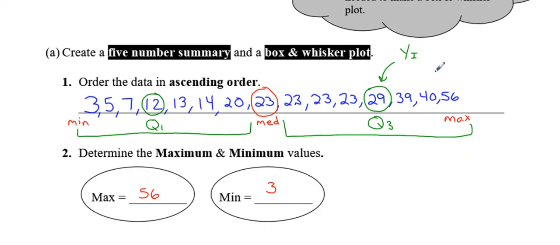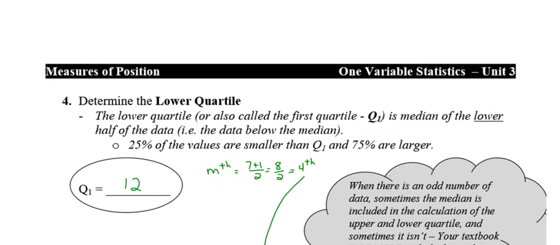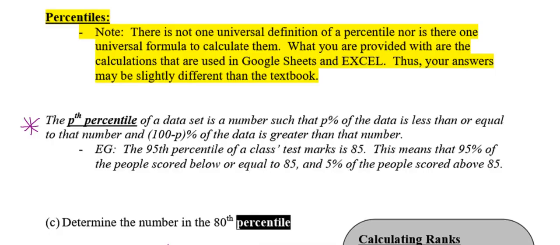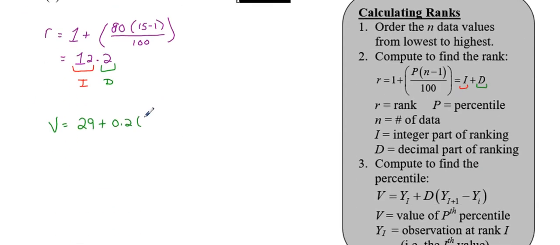The 12th piece of data is 29 and the 13th piece of data is 39. So that's 39 minus 29. So basically that difference is 10. And when you calculate this, you get 31.